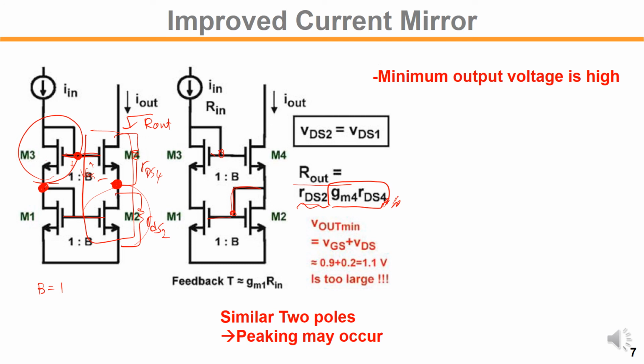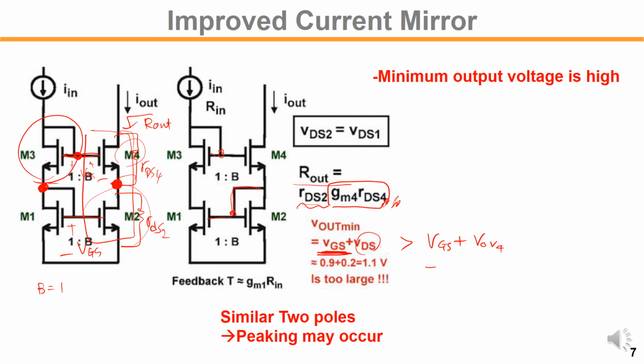So this node voltage would be 1 VGS of the bottom device, and then we have a VDS. But the minimum VDS for us to put this M4 in saturation would be the overdrive voltage of M4, right?